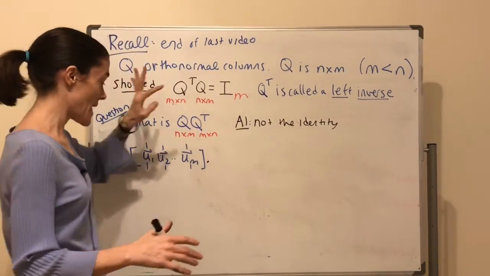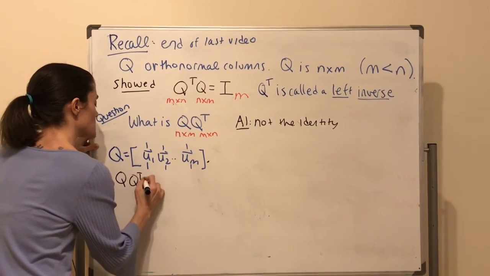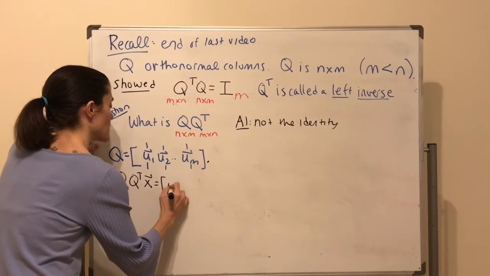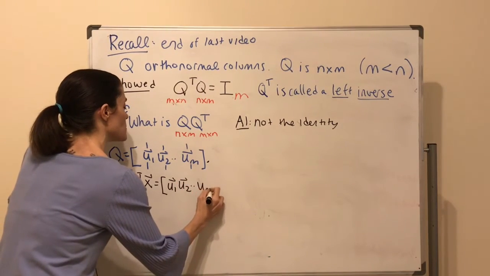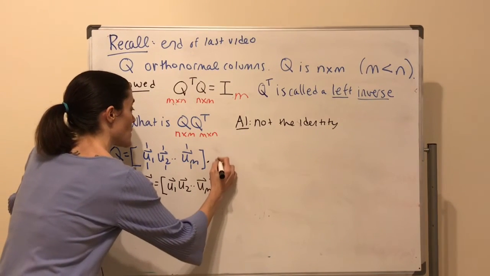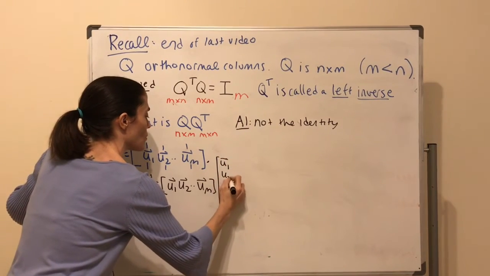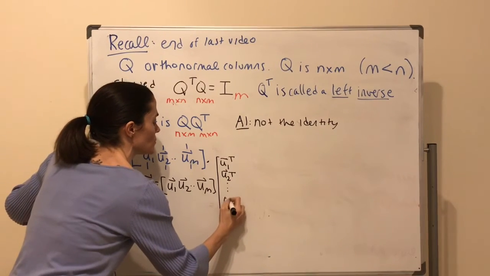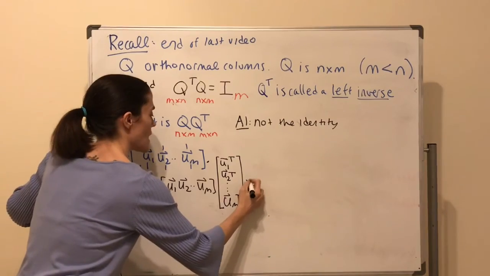in R^n. Okay, so Q transpose times x. What is this? Well, Q is here with columns, and Q's transpose, I know the rows: U1 transpose out to UM transpose, like this, and then x.